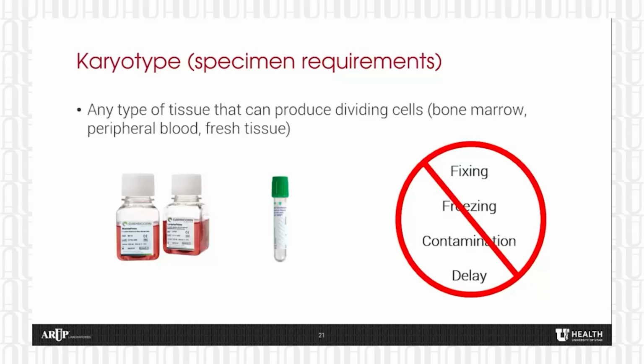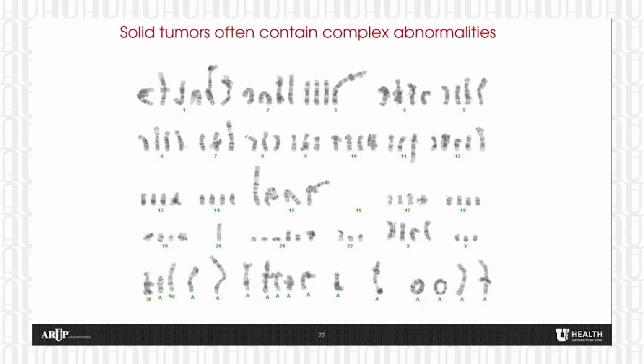There shouldn't be any fixing or freezing. Solid tumors usually contain multiple chromosomal abnormalities and end up having a very complex karyotype, and so karyotyping of solid tumors is not routinely done anymore.